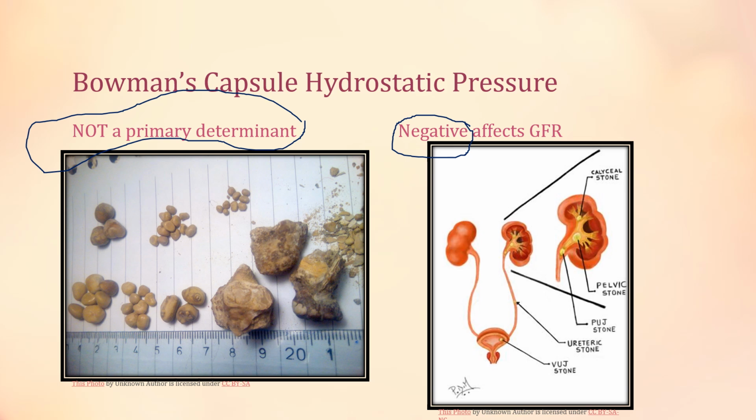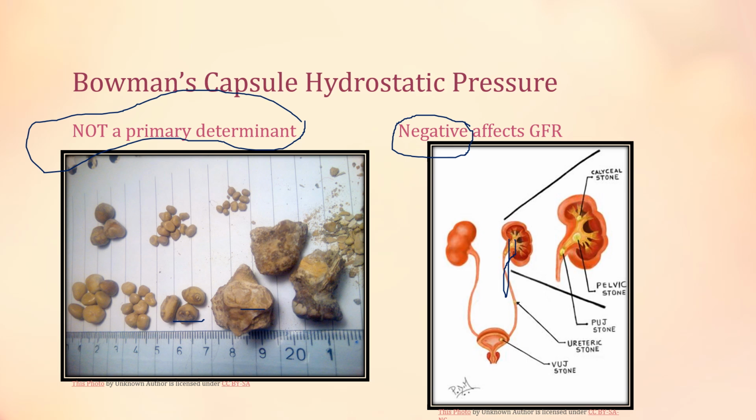So if a stone lodges, it can increase, and it opposes filtration. This is a renal stone which can be 2-3 inches or a few centimeters. This stone is very big, ureteric stone, renal stone, and it opposes filtration, and then it can cause damage to the kidneys.